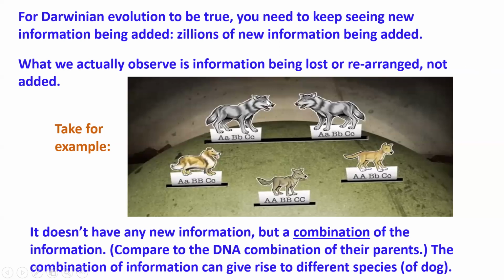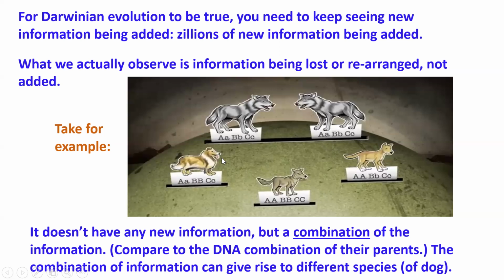Take, for example, this pair of parents, these two wolves here, and you can see that one wolf here is capital A and small a, capital B and small b, and capital C and small c. And the other partner also has capital A and small a, capital B and small b, capital C and small c. Now, when they have offspring, they could have different variations of the genes that are combined.